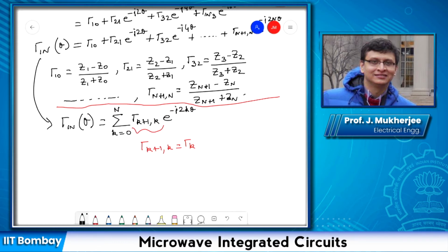So then, now you see that this is basically a Fourier series.